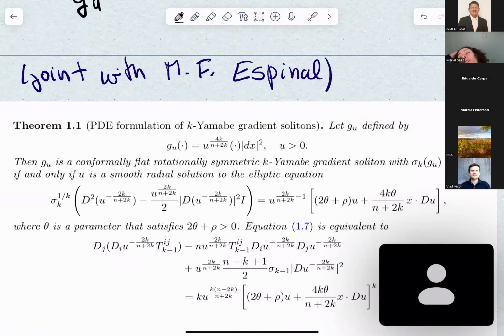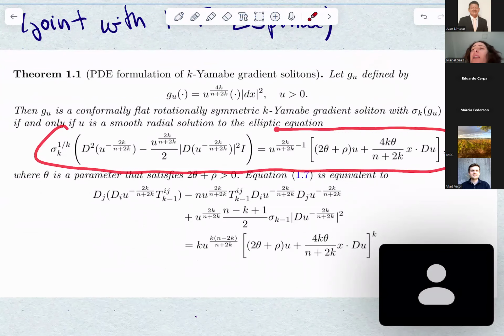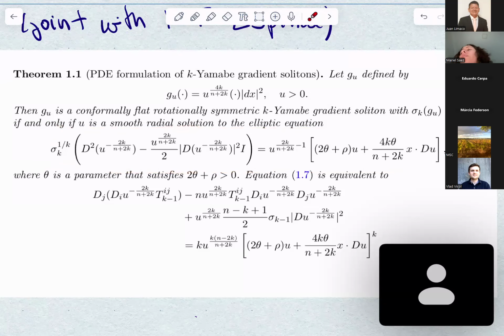And it turns out that the PDE is not super bad, but it's also not super nice. And it's this PDE here. There is something that you get under the assumption that you use rotationally symmetric. So actually, if you use rotationally symmetric, then you can see that it solves this PDE. This is the same thing for k = 1. So basically, we can generalize, and if you write k = 1, the PDE actually agrees with the PDE that they got.